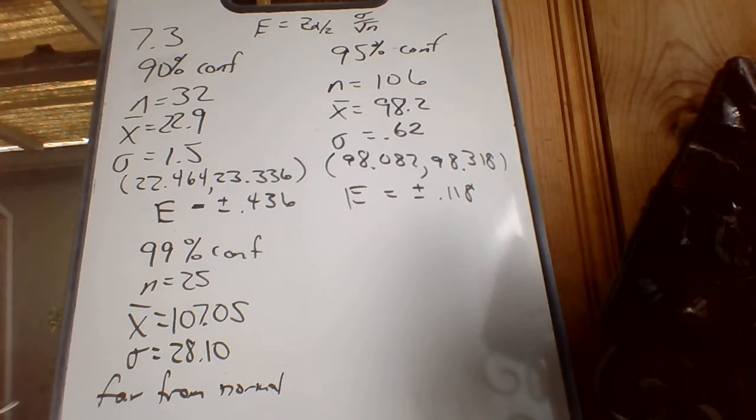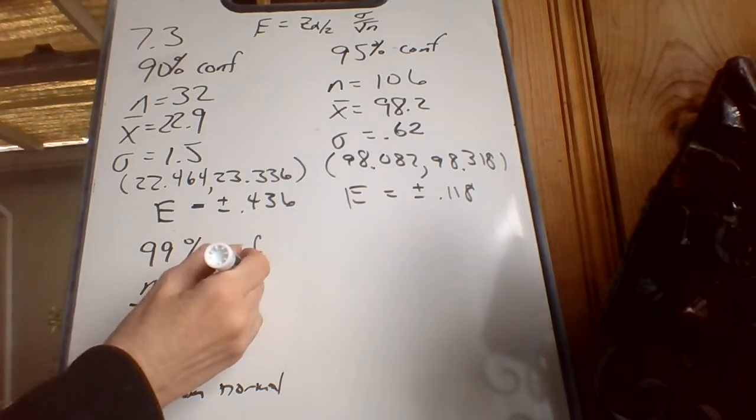And when you hear sooner or later everything is normal, yes, you can do it, but in these cases sooner or later, they mean later. They mean n has to be bigger than 30. I can get away with all sorts of things if n is bigger than 30. That's why I made you do 30 for your project. Okay, n is 25 is not enough. If this is far from normal and n is 25, and I have it typed in the notes, it cannot be done with the methods in this section.